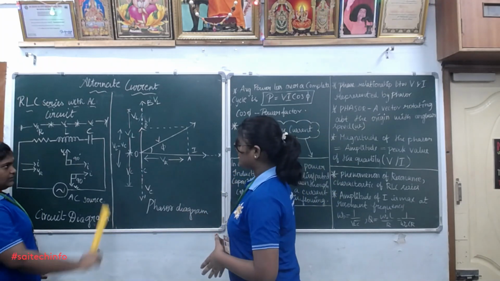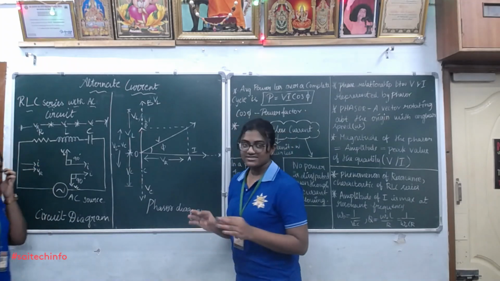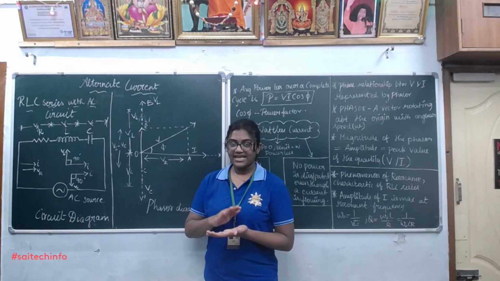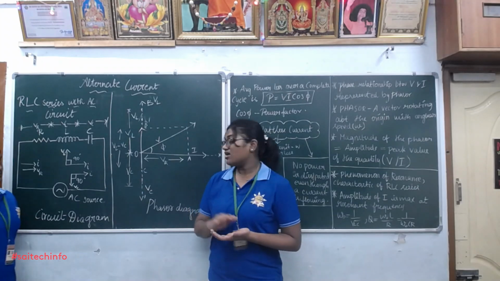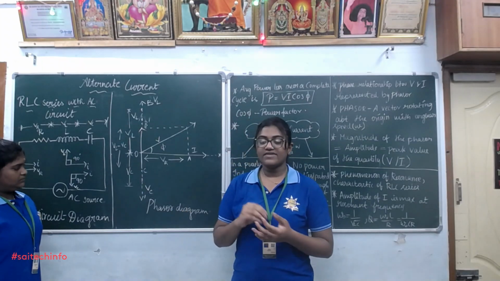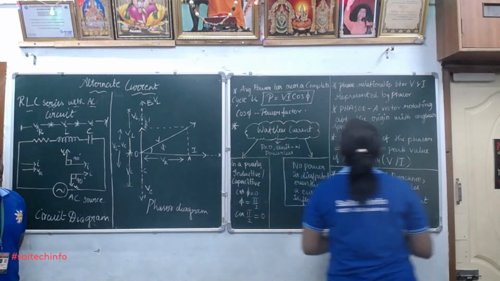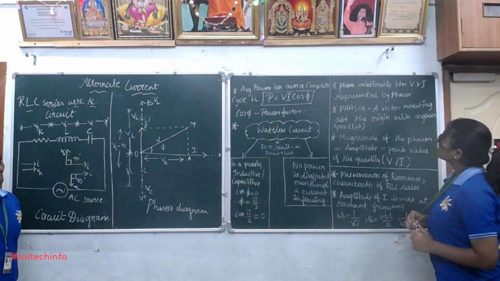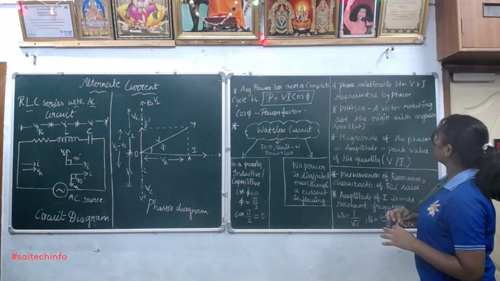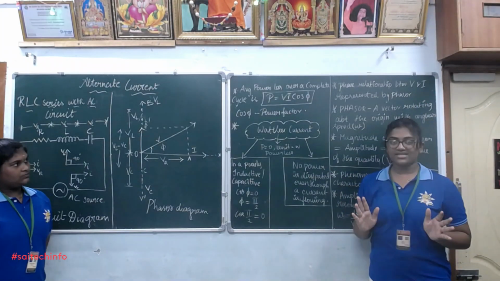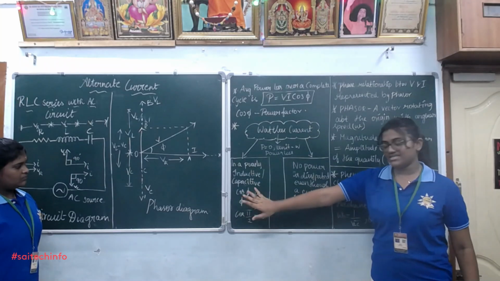What is this phasor? It originates from the phase angle phi, with the vectors. You can make use of these notes, where we have explained the phase relationship between voltage and current, the two vectors. Phase plus vector is phasor, hence the name phasor diagram.